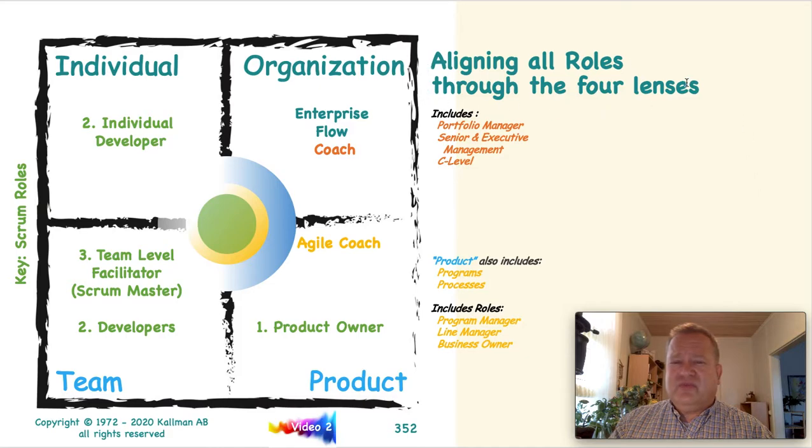You have to align the roles through all 4 lenses, and people need to understand that the Scrum roles don't cover all the bases. That's just simply how it is. That's why I have Agile Coach in yellow and Enterprise Flow Coach in blue here in the middle, because these are designed to have the business acumen and the political skill to deal with program managers, line managers, business owners, portfolio managers, senior managers, executive management, and C-level.